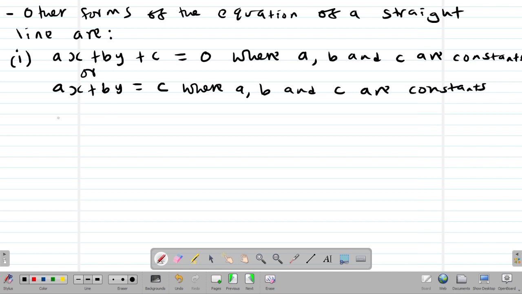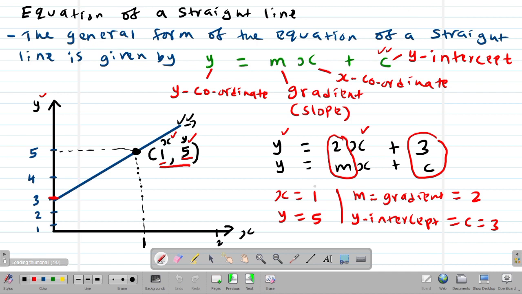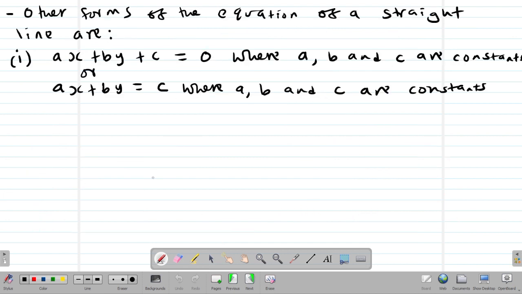For example, let's consider the previous equation that we had. The equation that we were considering was y = 2x + 3. If we consider y = 2x + 3, we can change this equation into either this format or the second format.